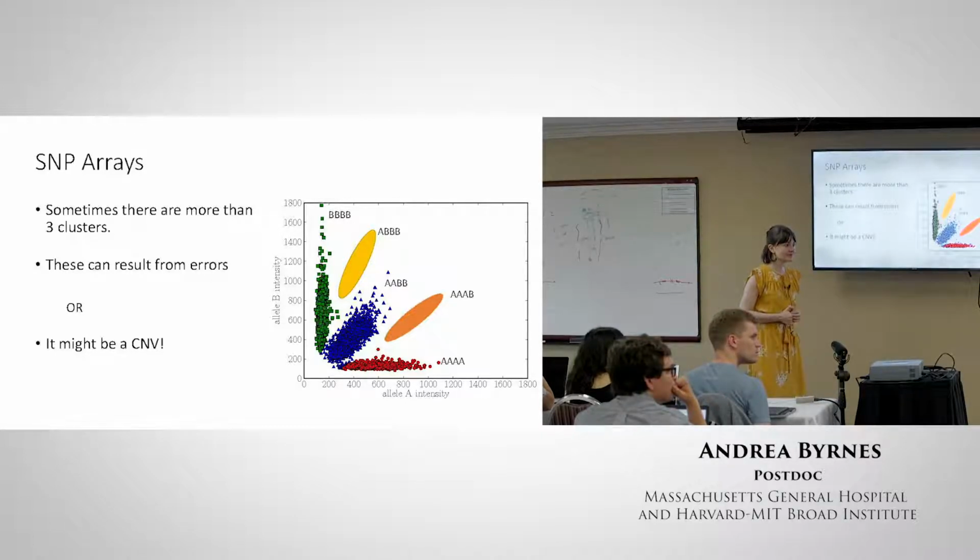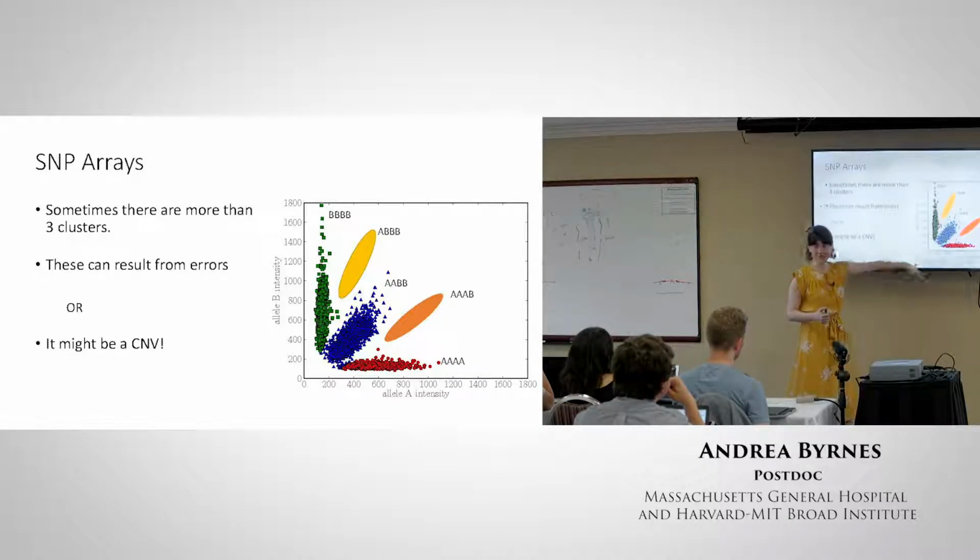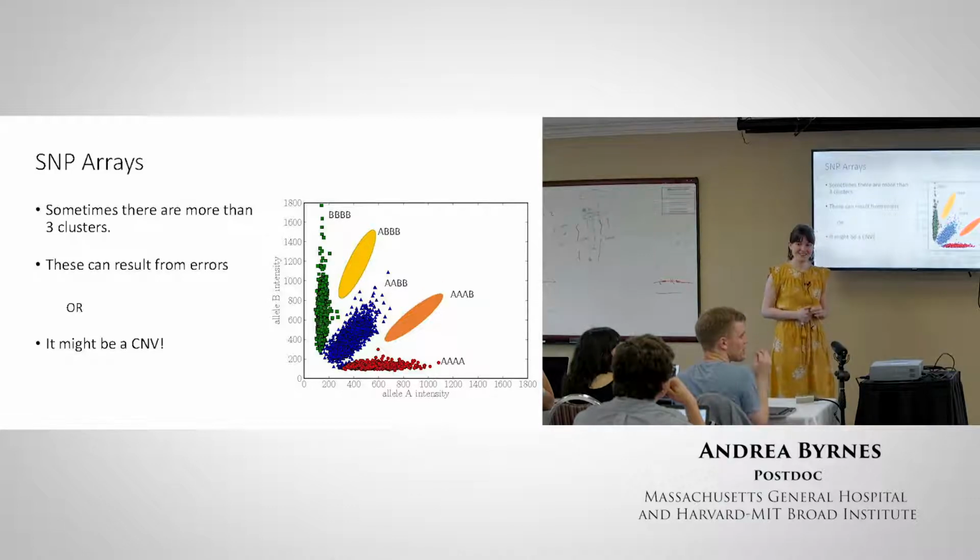Yes, that was my question. What exactly is call rate? Is it the number of SNPs that we're able to call with certainty? So the call rate is the number of samples in your whole study that they were able to confidently assign a genotype. Things near the boundary, they might just tell you we don't know.